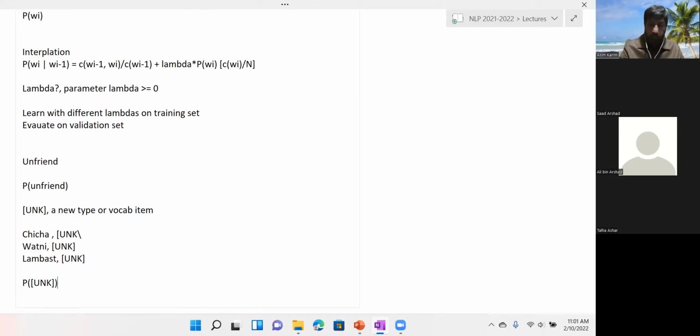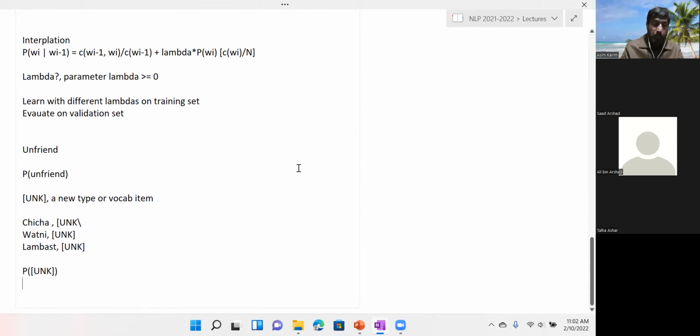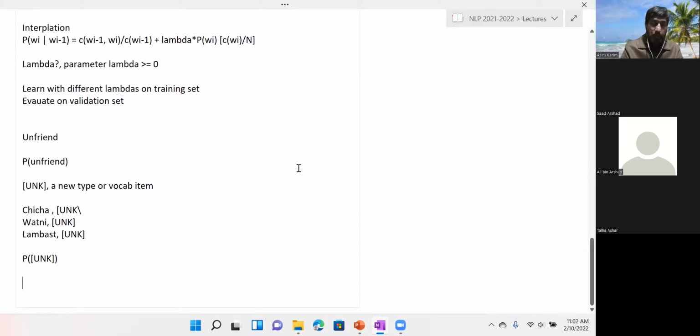All right, so we have 4 minutes left. So this probability is estimated. Whenever this probability is estimated from the training set, and whenever you find a new word in the test set, let's say you found some other weird word, let's say unfriend, for example, again.